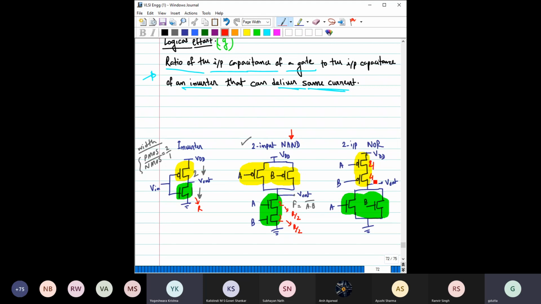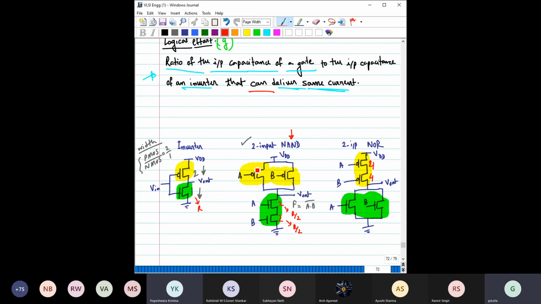Then only the pull up network of this and the pull up network of this would be equal. In other words, both pull up networks can deliver the same current for charging, and both pull down networks can take out the same amount of current while discharging.